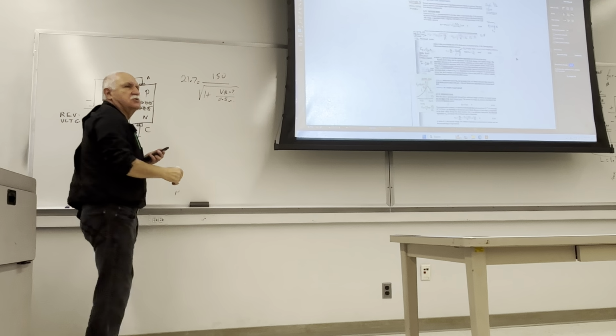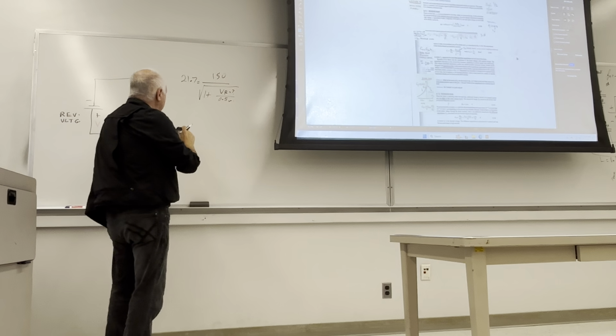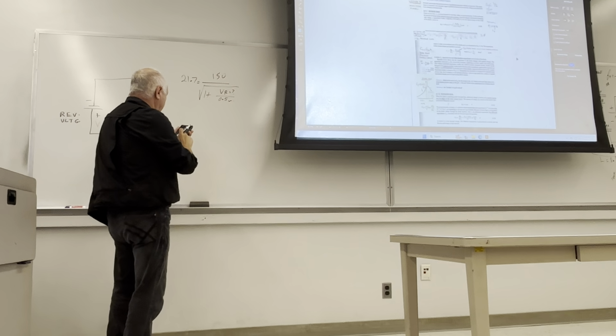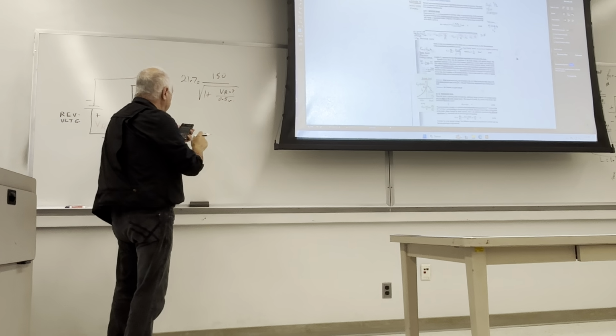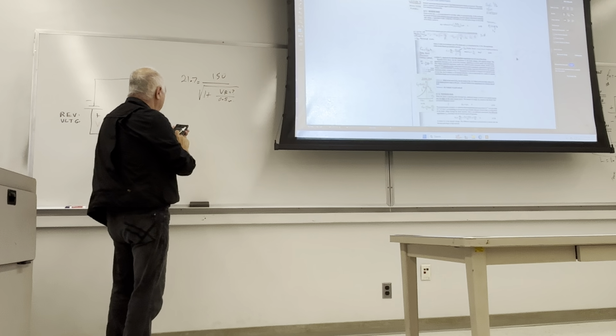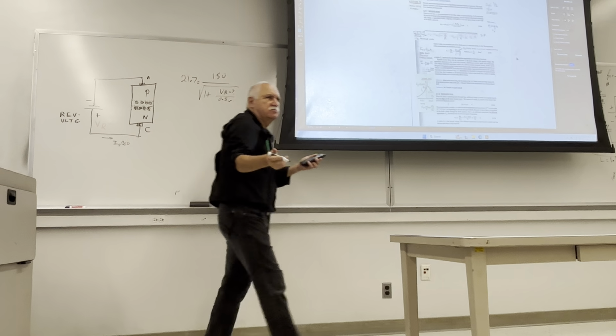Solve for VR. So to see how far we have to go, it will be 150 divided by 21.7. We square that, plus 1, minus 1, then times 0.5. 23 volt, 23.4 volt, not bad.